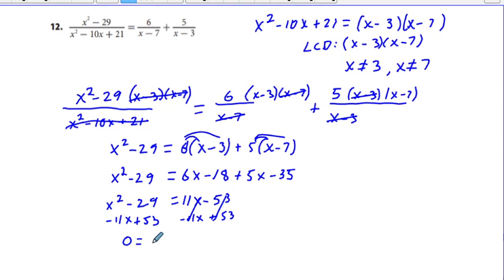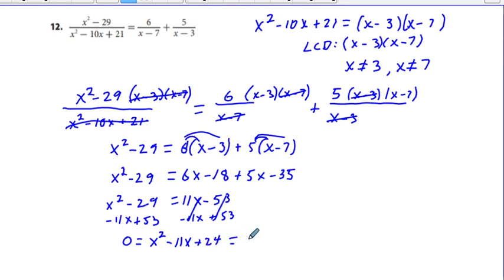Equals x squared, and we have minus 11x. And then we have negative 29 plus 53. That's 24, isn't it? Because 53 minus 29, yeah, 24. Plus 24.